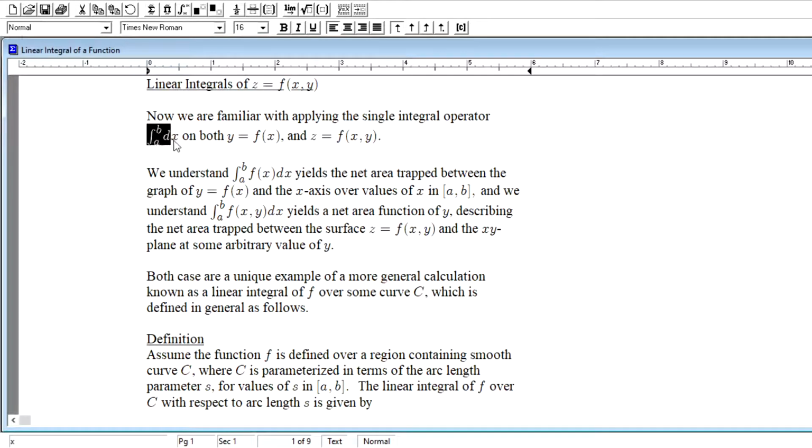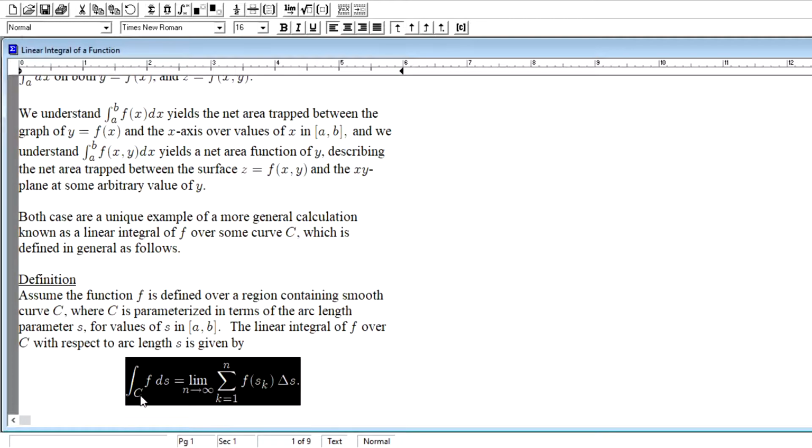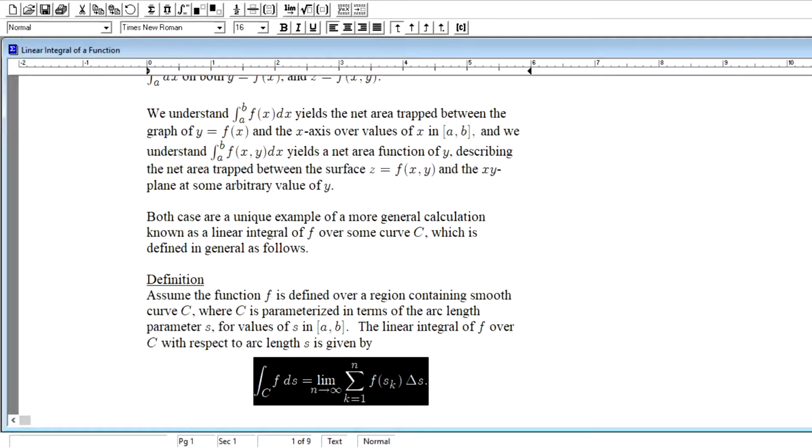And this operator here does, in a sense, represent the length along x from a to b. Whereas when we applied the double integral operator to a multivariable function of f of x comma y, or if we just thought about the double integral operator over some two-dimensional region of space defined by R, it always just corresponded to what we said is the area of R.